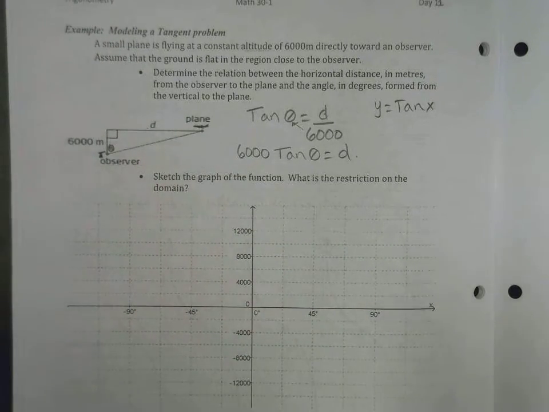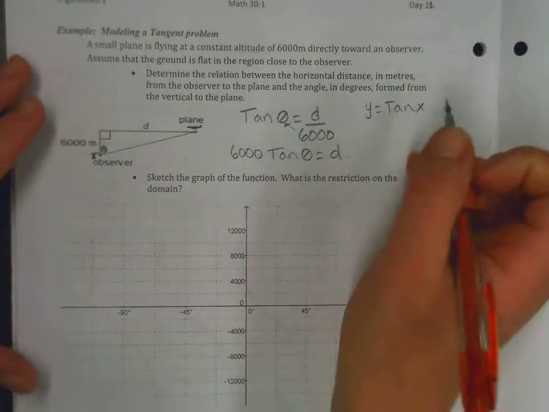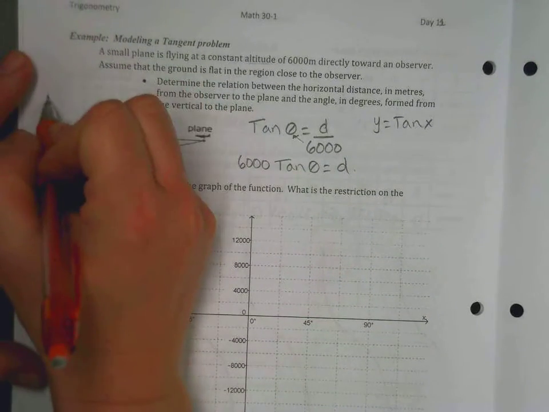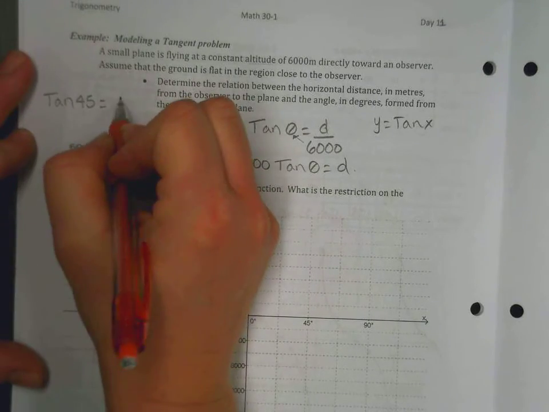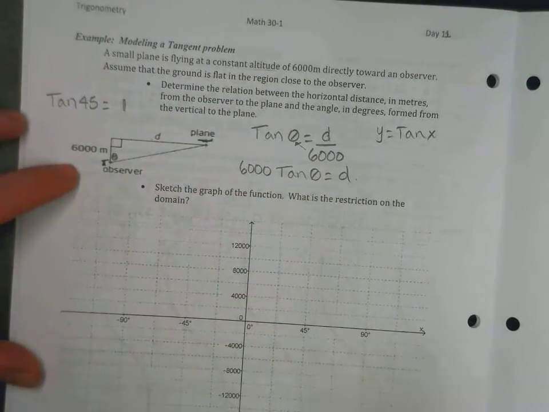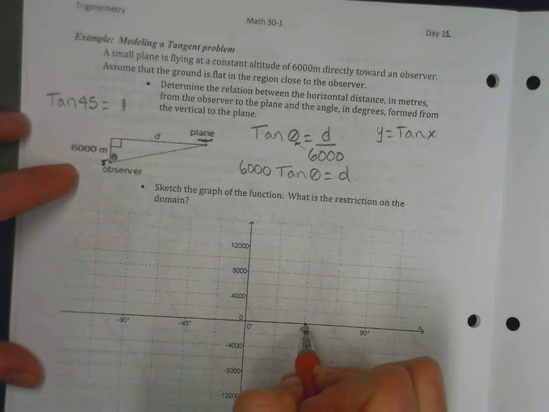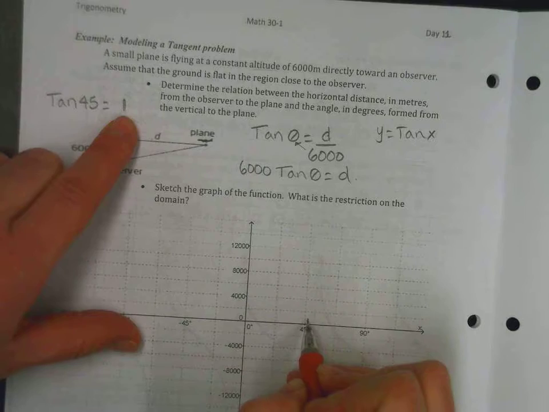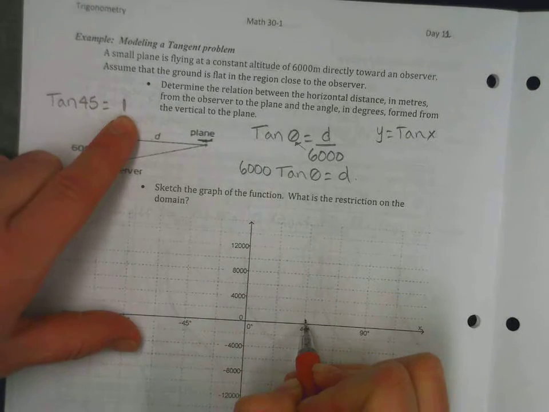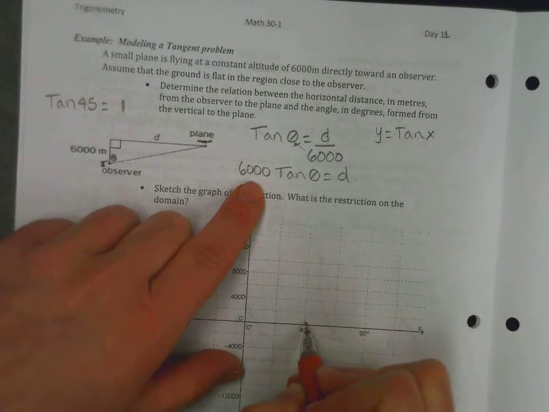So if you think about our value on the unit circle, when tangent of my 45-degree angle is equal to 1. Okay, so if I were to think about 45-degree angles, my tangent ratio is normally 1. This is going to be vertically stretched by 6,000.